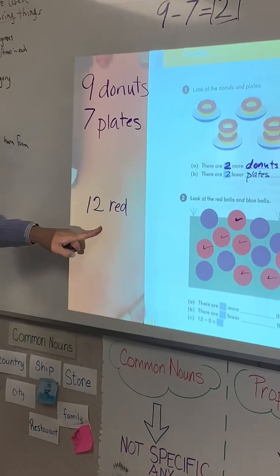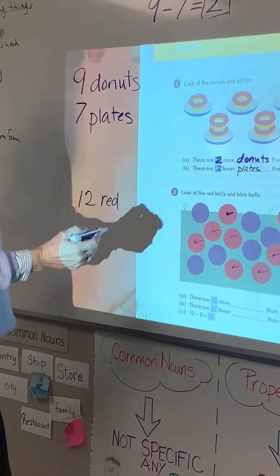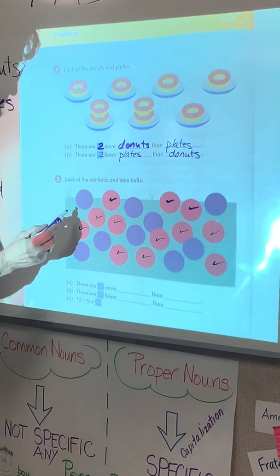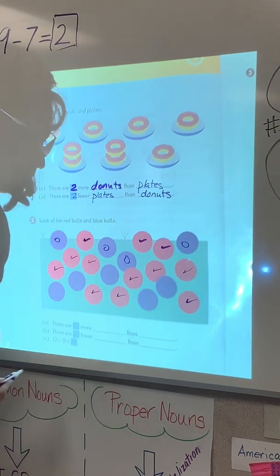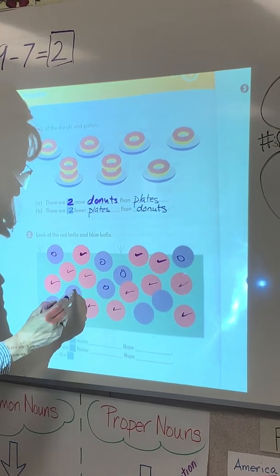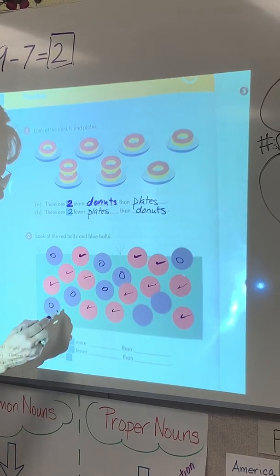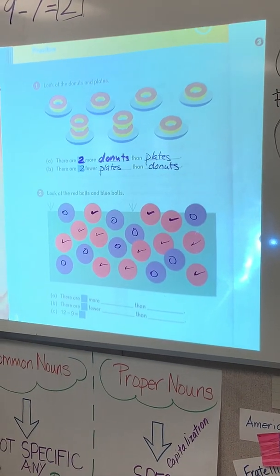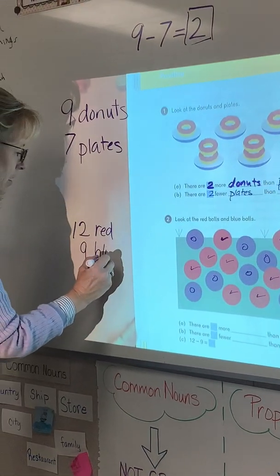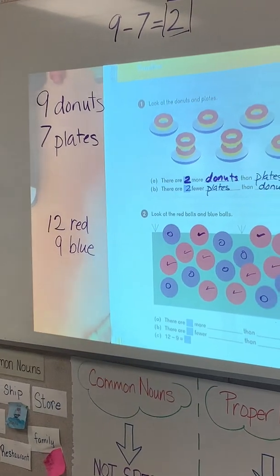I'm going to make a category over here. So now we need to count the blue ones. 1, 2, 3, 4, 5, 6, 7, 8, 9. 9 blue balls. Okay?